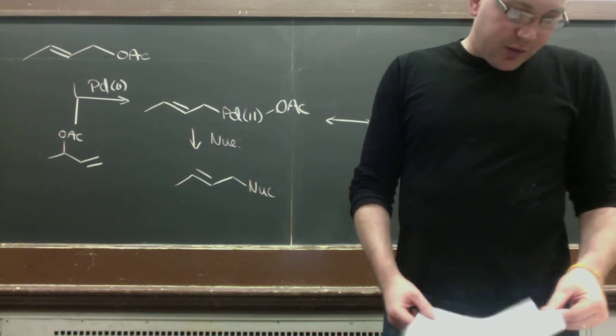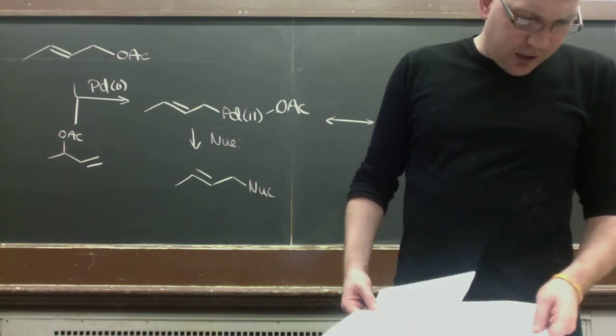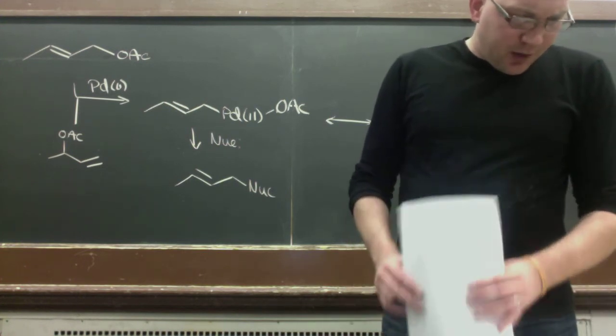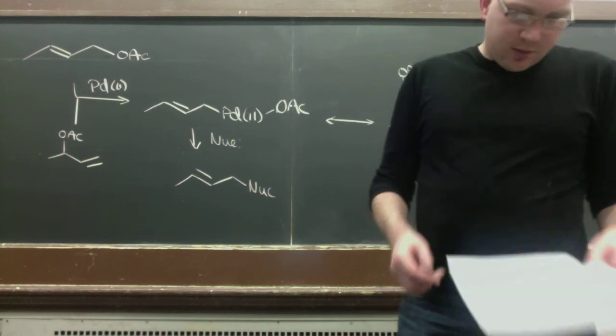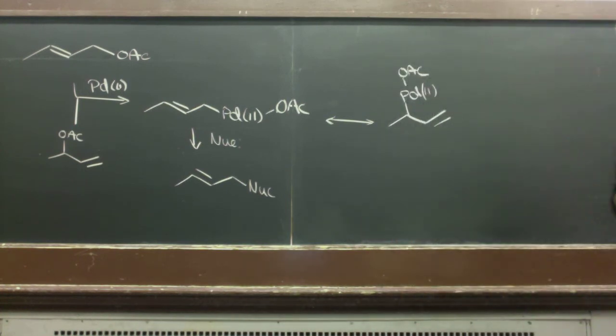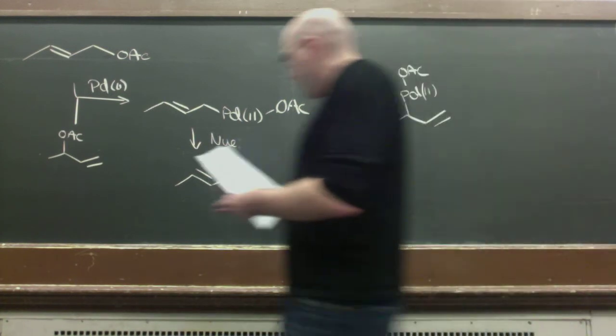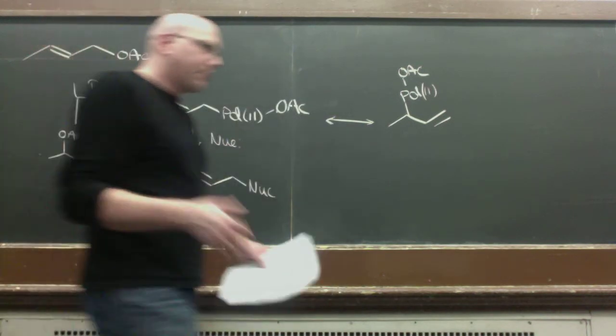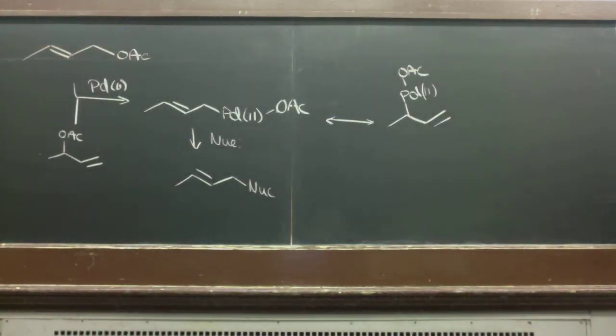I thought I would show you guys what I thought was a really neat example in the literature that I was exposed to when I was in graduate school. It involves a pretty interesting modification to this reaction.